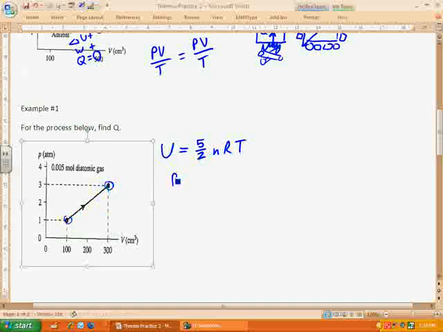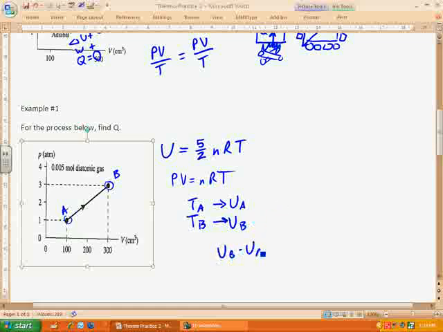You can use PV equals nRT, and you can solve for the temperature at position A, and you can solve for the temperature at position B. Now I'm not going to take time to do that on this video because I'm running out of time, but you can get those two temperatures, temperature A and temperature B, which then you can plug in and find the internal energy at A, and you can find the internal energy at B. Once you have the internal energies at A and B, you can then do internal B minus internal A, which will give you the change in internal energy.